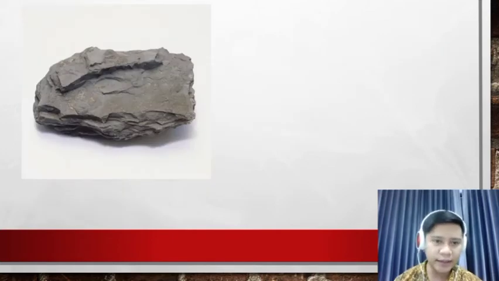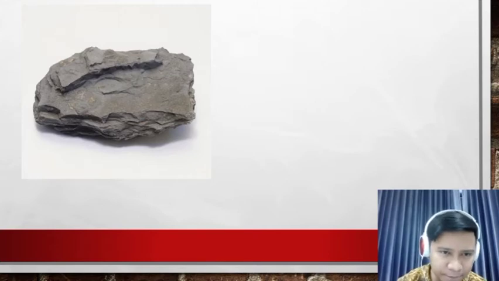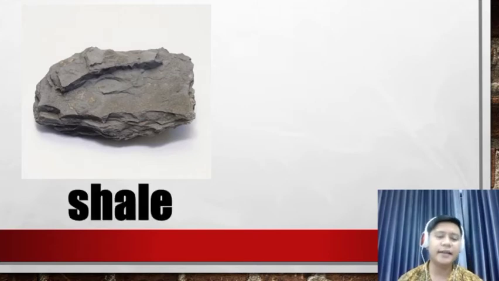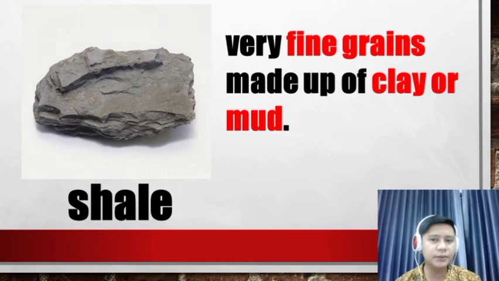So next, this one. What type of rock is it? Everybody say shale. Shale. So when we say shale, the definition is: one, two, three. Very fine grains made up of clay or mud.